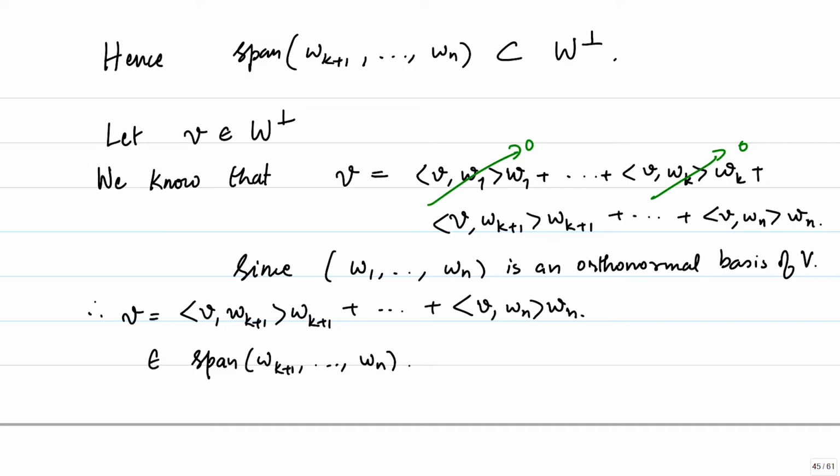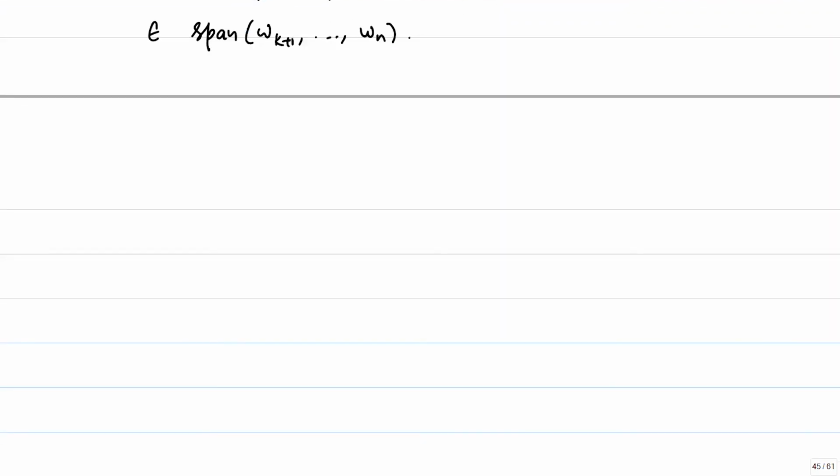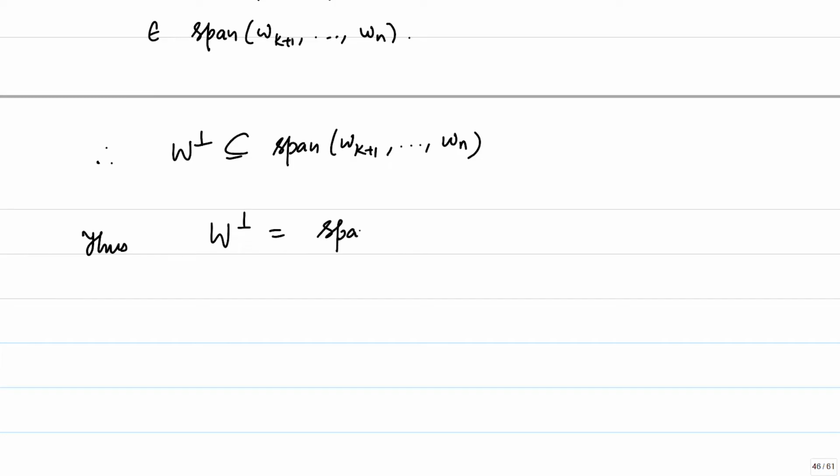And therefore, we took an arbitrary vector in w orthogonal, and we showed that it is in the span of wk plus 1 to wn. Therefore, the orthogonal complement of w is contained in the span of wk plus 1 to wn, and therefore we have shown containment both ways. Thus, the orthogonal complement of w is equal to the span of wk plus 1 to wn.